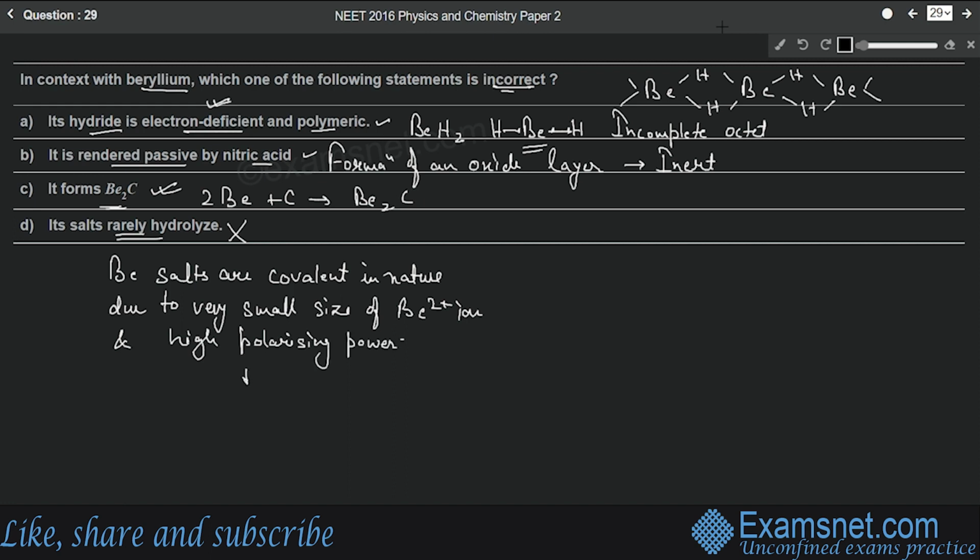This is why they get easily hydrolyzed. So this is incorrect and we had to find the incorrect statement. So option D will be the correct answer.